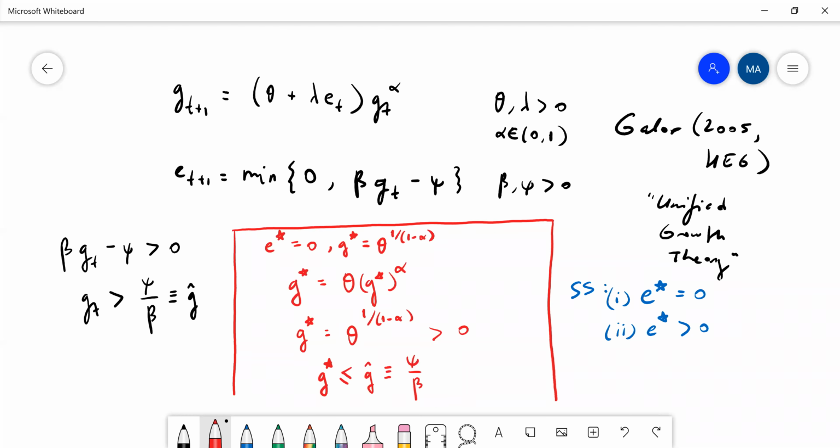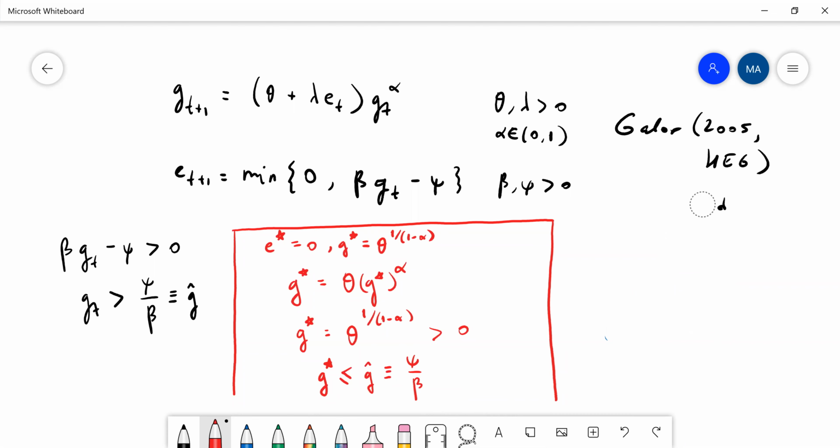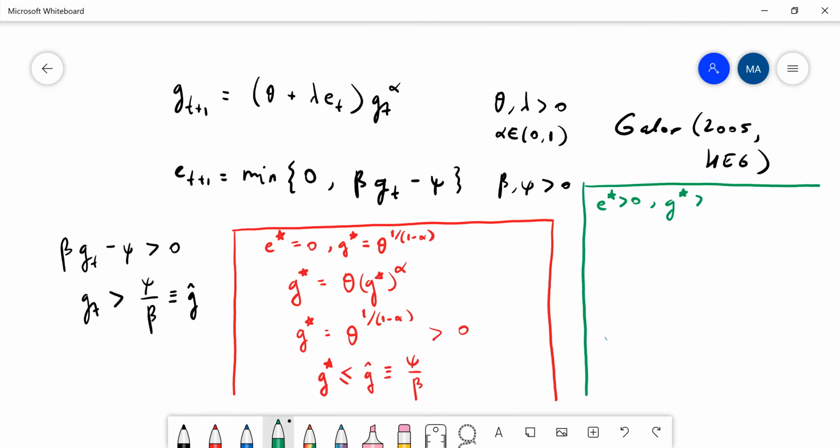Now the other steady state, let me use this space. The other steady state, let me use a different color. So it will have E star greater than 0 and G star greater than 0. So obviously now G is greater than G hat, right?